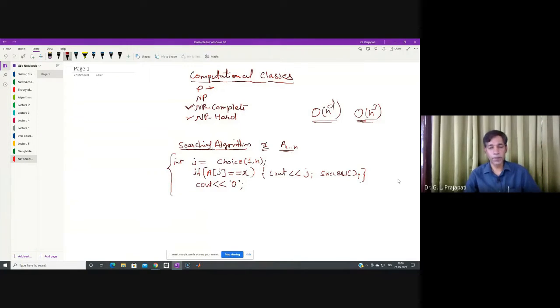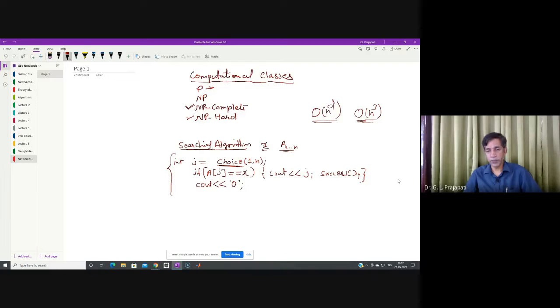That's all. Now see, if you execute this algorithm in whatever programming language is available, then what will happen? As soon as you enter choice 1 to n, your compiler will generate an error, and it will ask what is this, this is an unknown identifier. It means the computer has no meaning of choice.